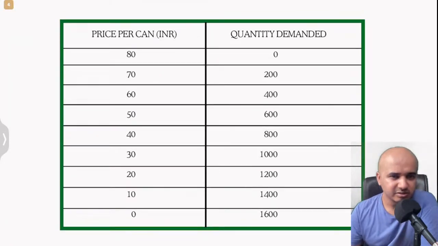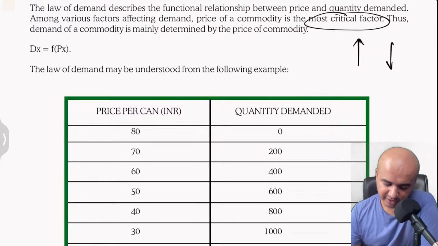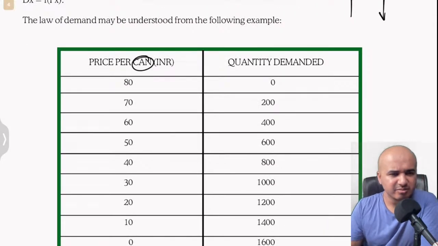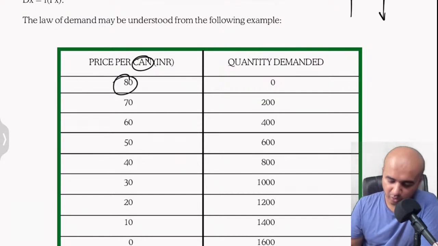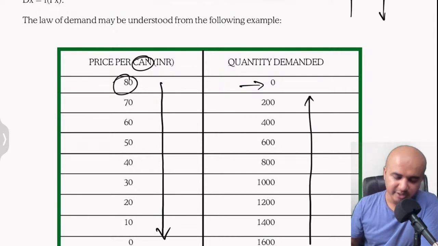Some commodity, they haven't mentioned which one. Okay, let's see. Price per can, if it is 80 rupees, then the quantity demanded is 0. As you can see, when the price is coming down, the quantity demanded is actually increasing.